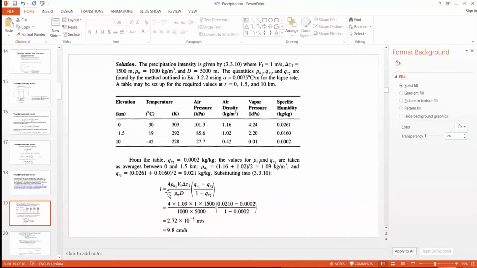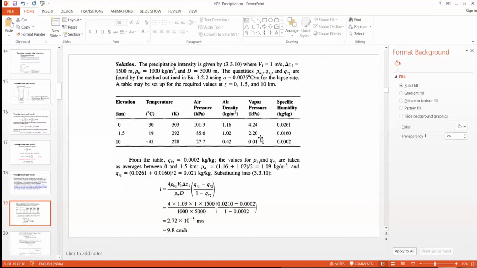So just now we derived this equation that rainfall intensity is equal to rho A V delta Z1 by rho W D into QV1 minus QV2 by 1 minus QV2. QV1 is the average of the quantities at the inlet.